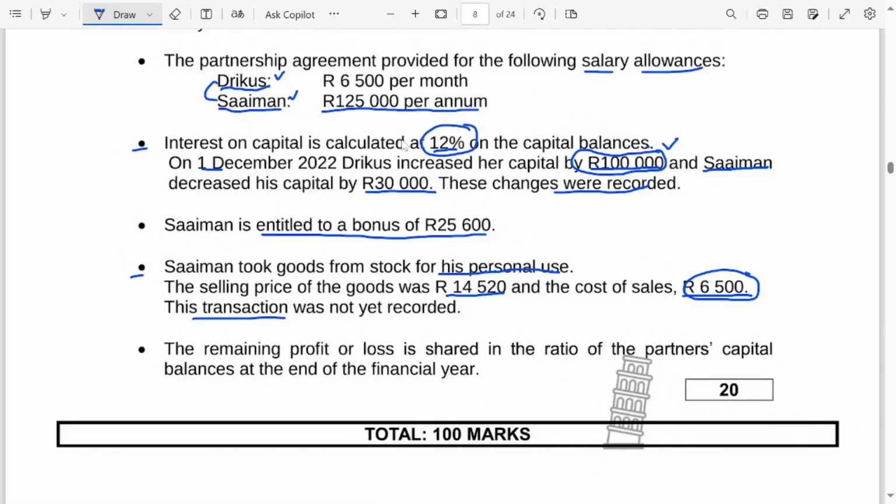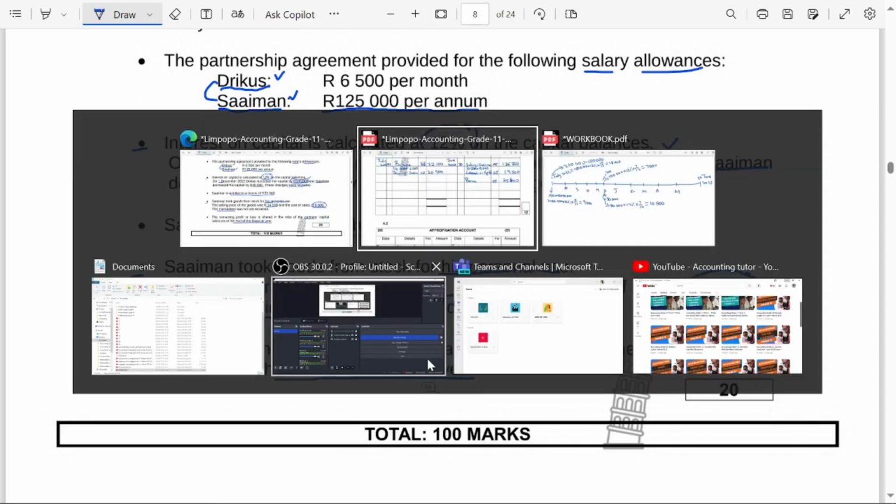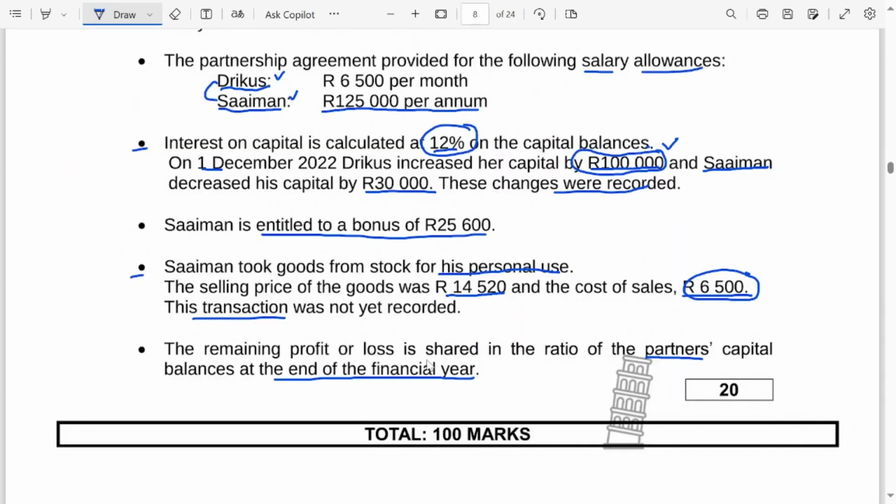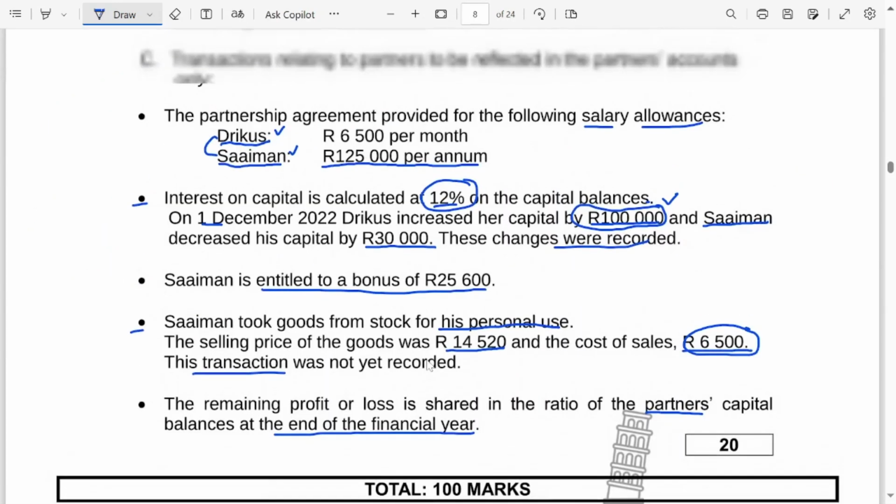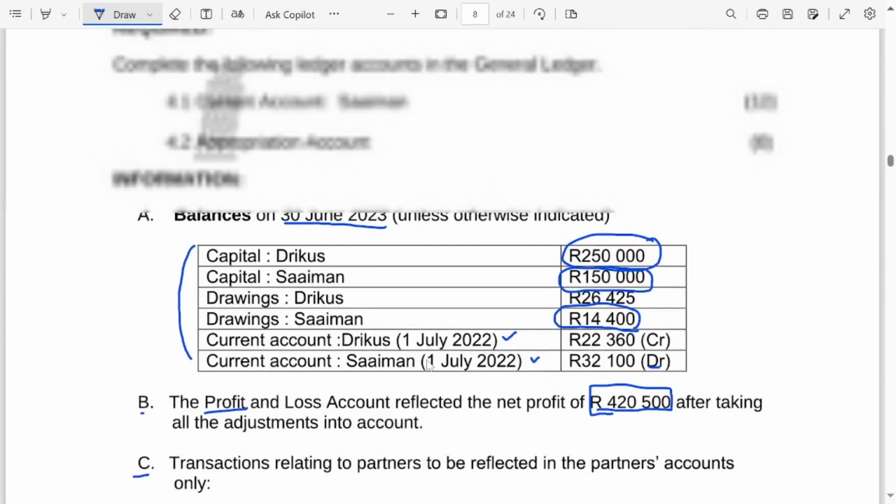So the next one, the remaining profits or loss is shared in the ratio of partners' capital balances at the end of the financial year. So they're saying that when we're sharing the profit between the partners, we're going to use the ratio of the partners' capital at the end of the financial year. So let's go and do it. The partners' capital at the end of the year, here it is.